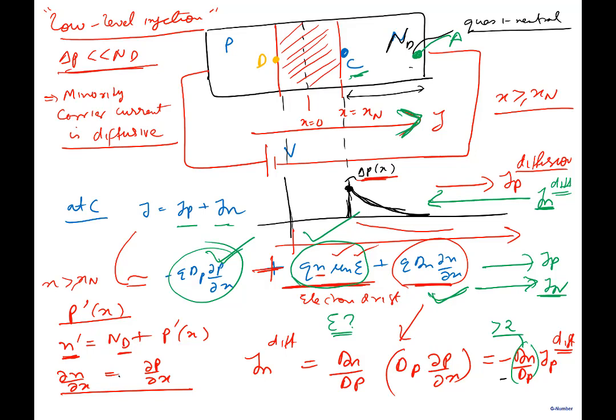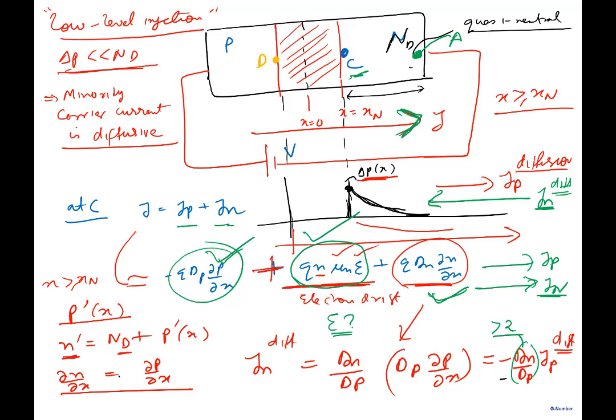Similar things are happening at D. So he says, at D, what are the current components you will have? Let me add: electron current at D will be only diffusive. Hole current at D, drift plus diffusive both, I cannot neglect it. So I'm in sort of trouble now. At D also it is something similar.